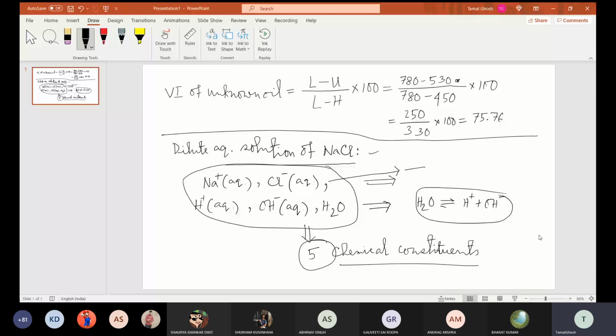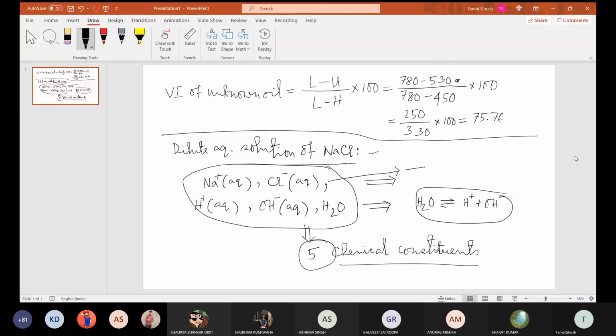Okay, what is the fact? That is always there. It is a dilute solution, and that means a large volume of water, and a very small quantity of NaCl was added. NaCl is a strong electrolyte and is highly soluble in water.